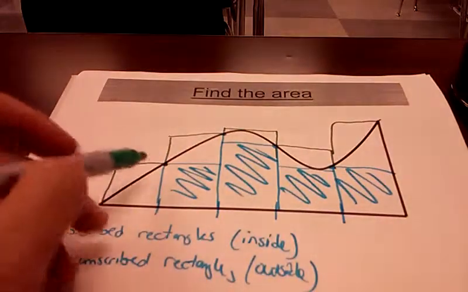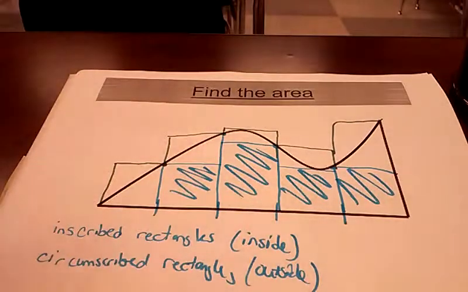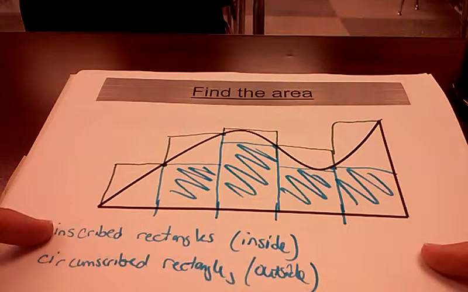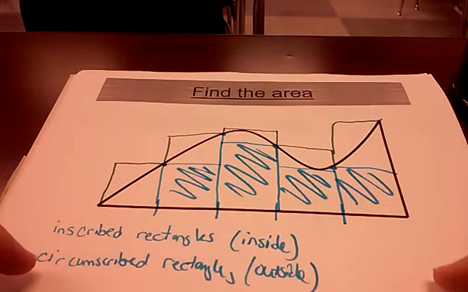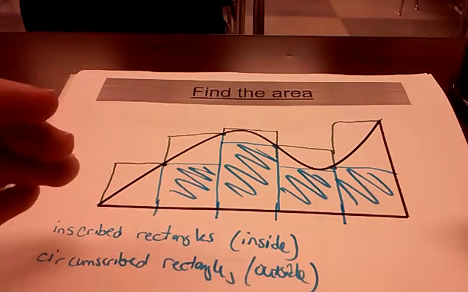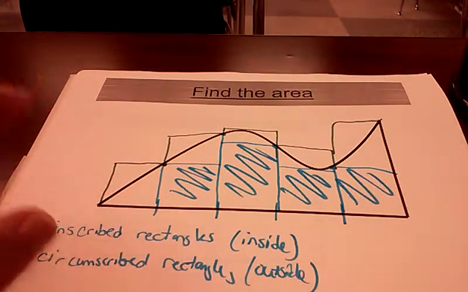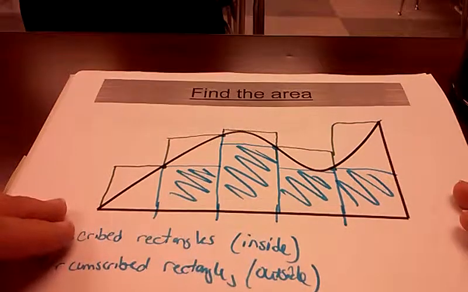And see in green, that would actually be more than the actual area. But one way that we can find an interval of the true area is to do the inscribed rectangles and compare that with the circumscribed rectangles, and then that would be your range. Because you'd have a low number and a high number, so your area would be somewhere between those two numbers.